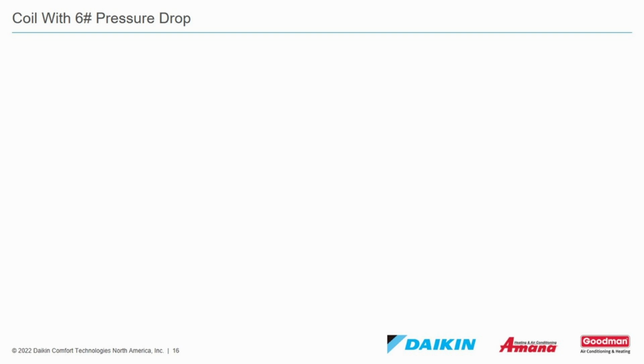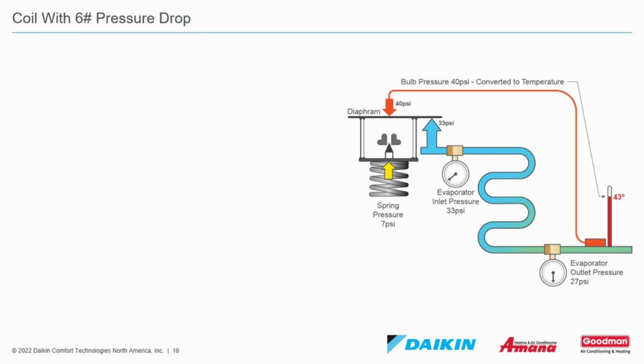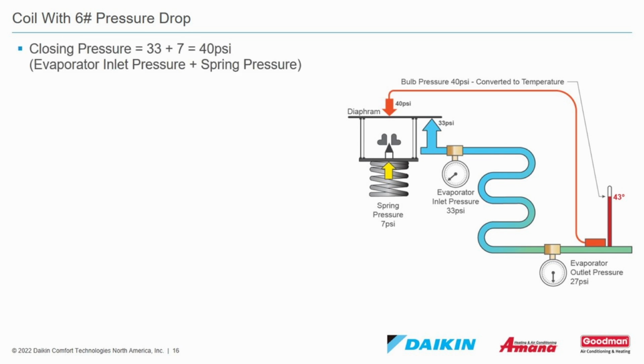So now let's look at an evaporator coil with a 6 psi pressure drop. Looking at the diagram on the right, you'll see the evaporator has an inlet pressure of 33 psi and an outlet pressure of 27 psi. So the closing pressure is going to be the 33 psi inlet pressure plus the 7 psi spring pressure equals 40 psi.